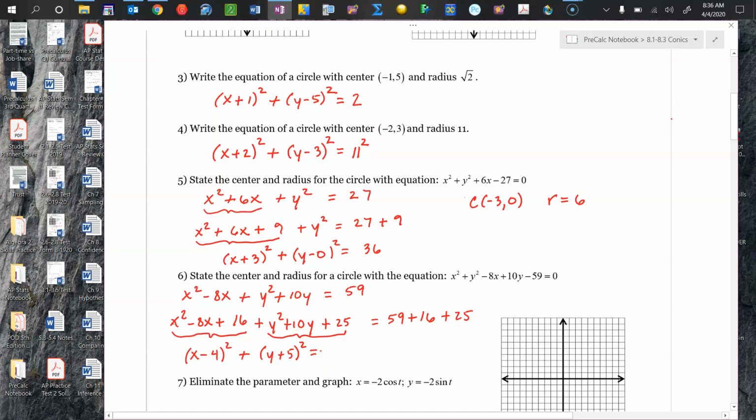And we have to add up everything on the right-hand side. The easy way to do that is 59 plus 16 is going to give us 75. 75 plus 25 is 100. So the equation of our circle can be written as the following. 100 we'll write as 10 squared. So our circle has a center of (4, -5) and a radius of 10.